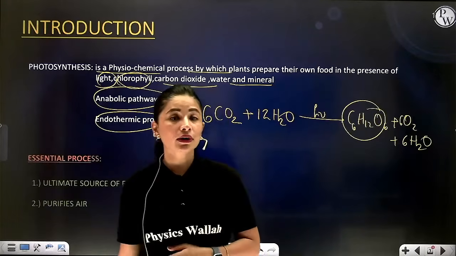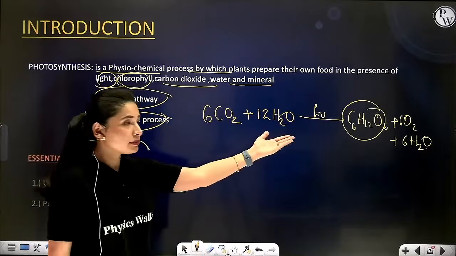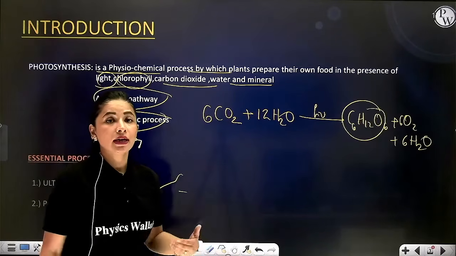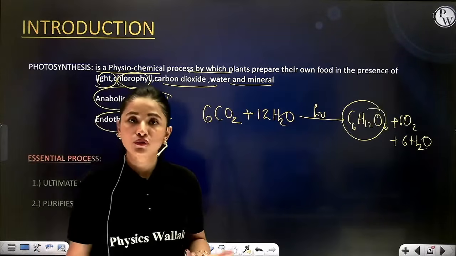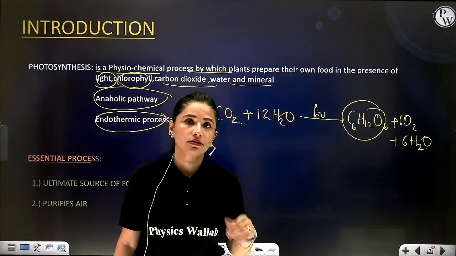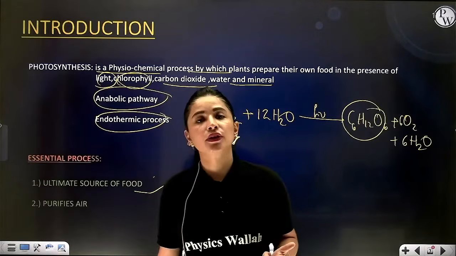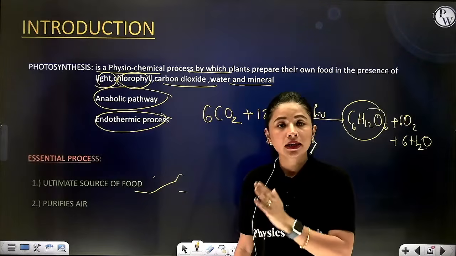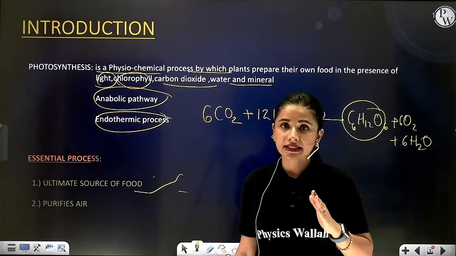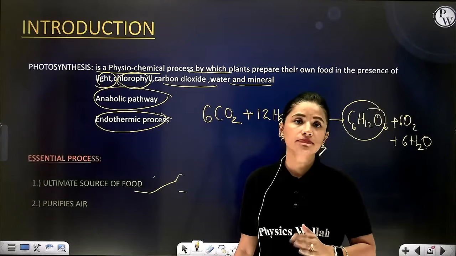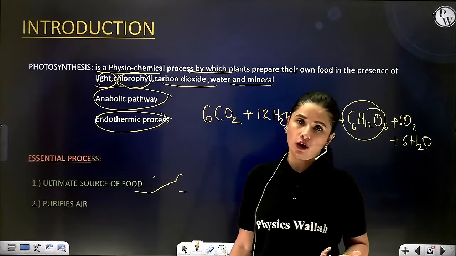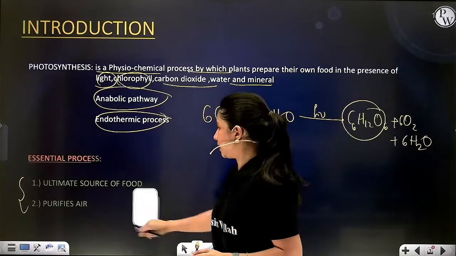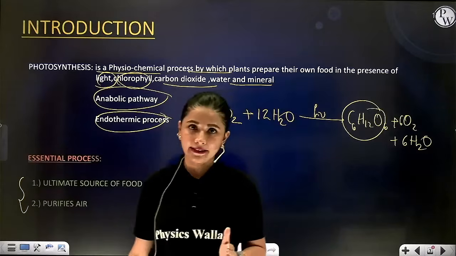The second important reason is that they are the ultimate source of food. Plants are the only ones who can convert light energy into chemical form. So for these two reasons, synthesis of food and purification of air, plants become a very important part of our system, and photosynthesis becomes a very vital phenomenon. I hope these last 2 points written on the screen are also clear.